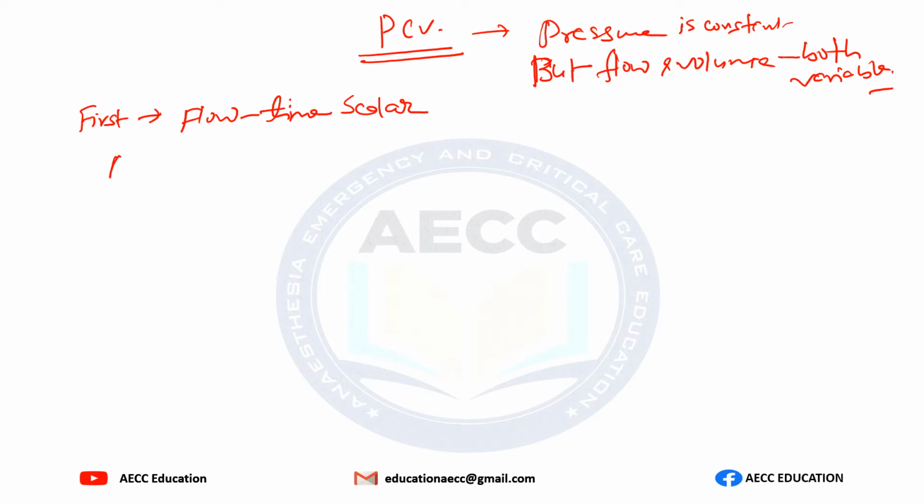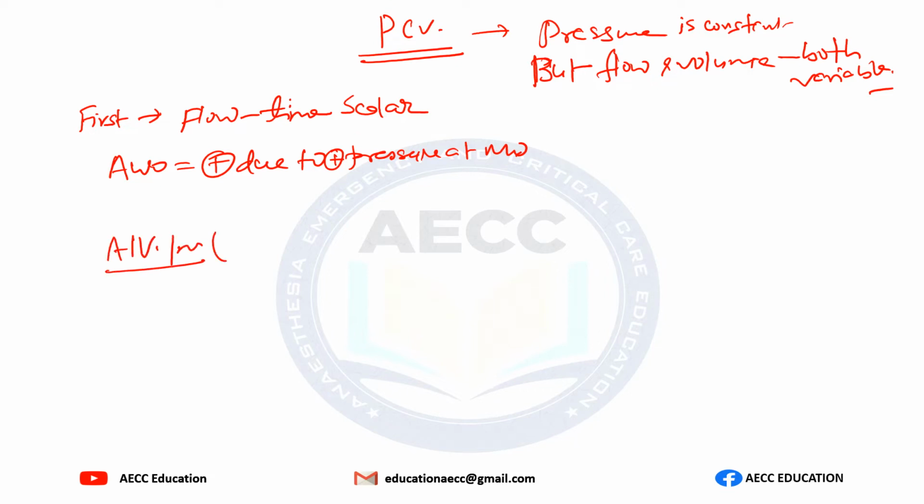As we know that initially the airway opening pressure is positive due to positive pressure at mouth opening, and alveolar pressure is 0 to -1 centimeter of H2O. So there is pressure gradient, and because of that there is flow. So initially, because of high pressure gradient, flow is also high.